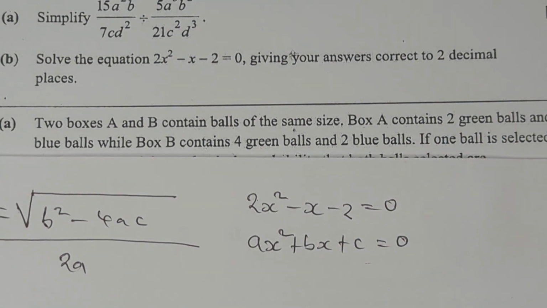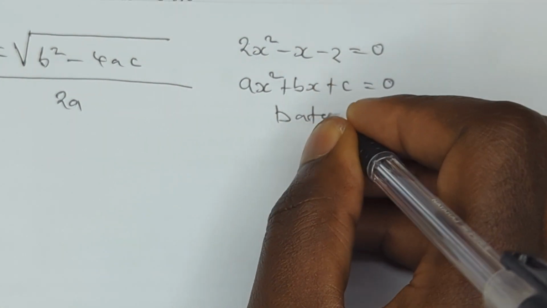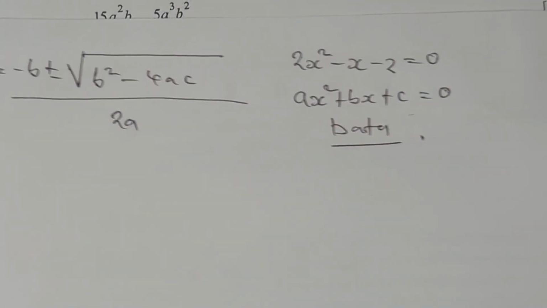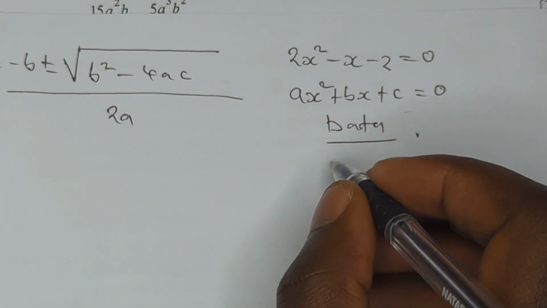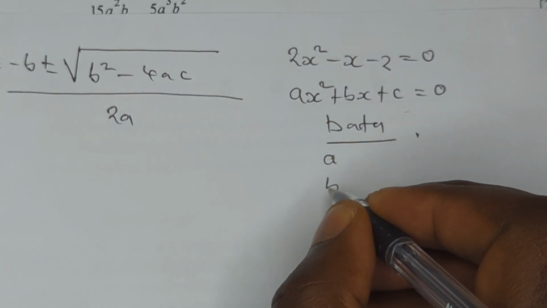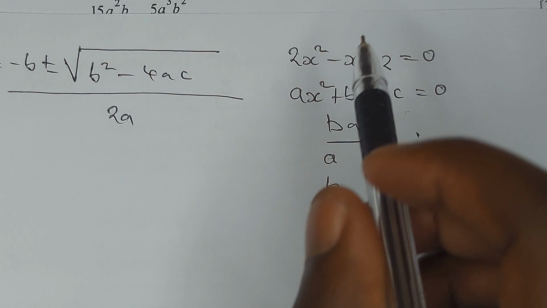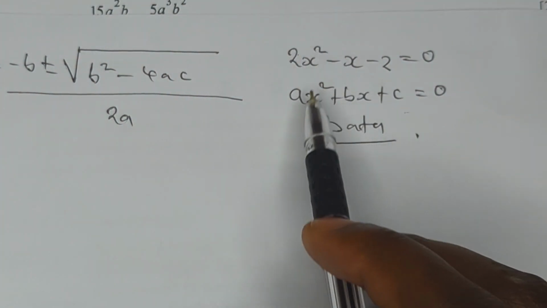Now we can collect data. Here we have a, b, and c. So our a is the coefficient of x to the power 2.